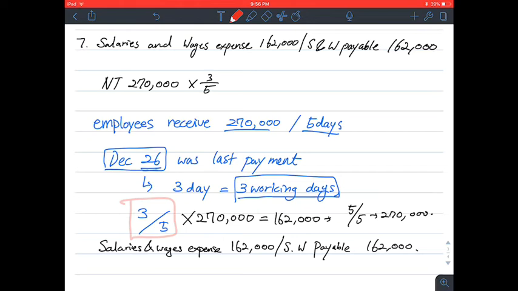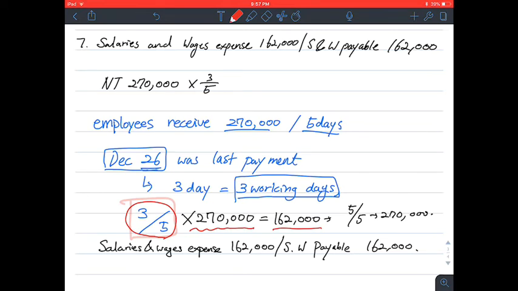So the last payment was on December 26. Okay. And they worked 3 days. It may not have to be working days, but they worked 3 days out of 5 days. So out of $270,000, if we multiply 3 over 5, that will give us $162,000.